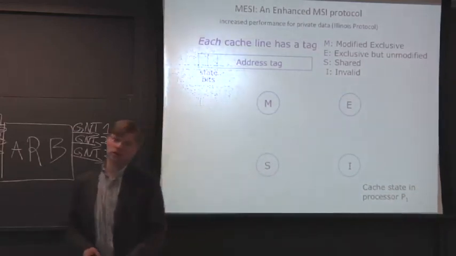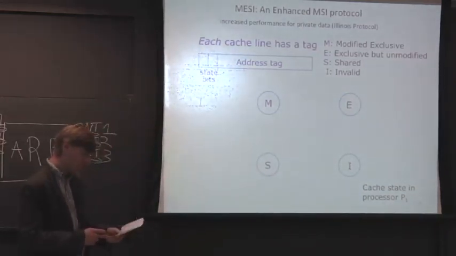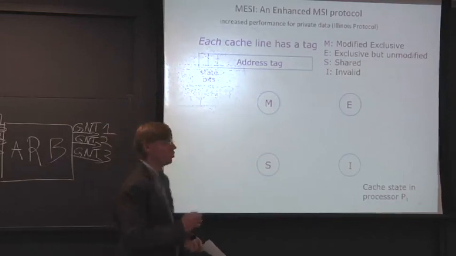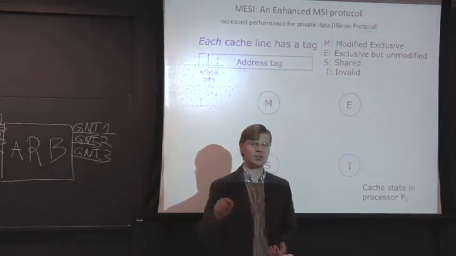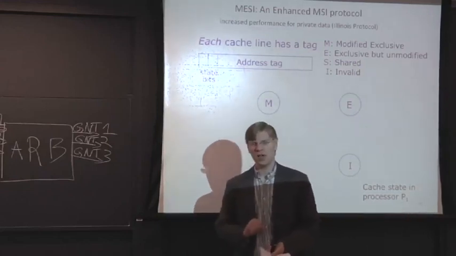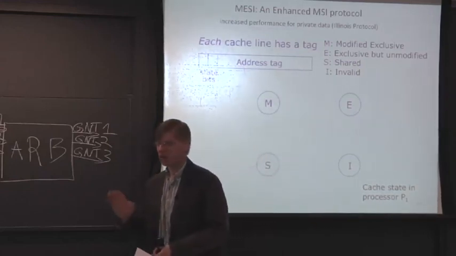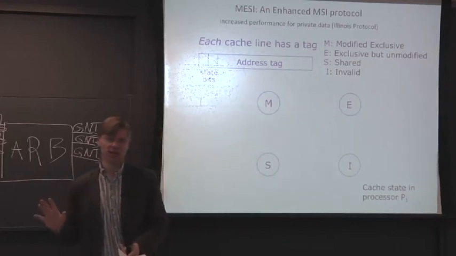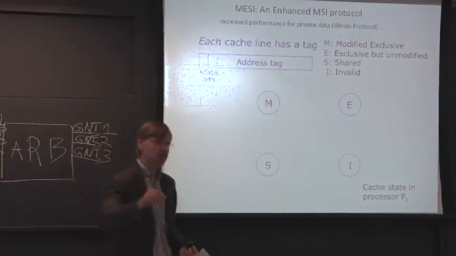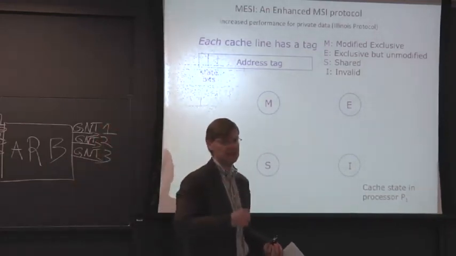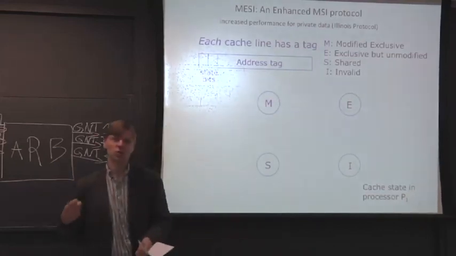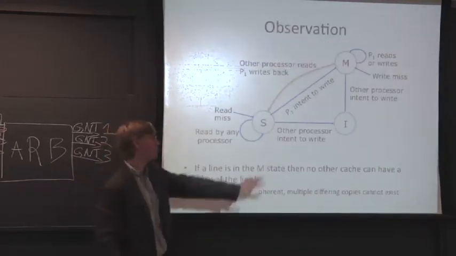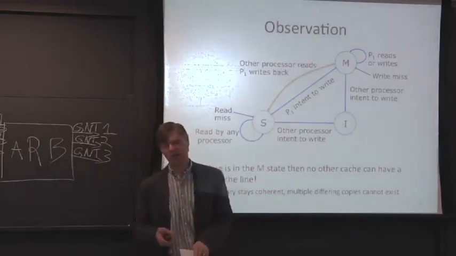Now, why do we want to do this? Well, what we're going to see is that we can reduce the communication on the bus in the case where a processor reads a piece of data, no one else reads or writes that data, and then that same processor later goes to write that data. In MSI, when you go to do a read, you always brought it into the shared state.